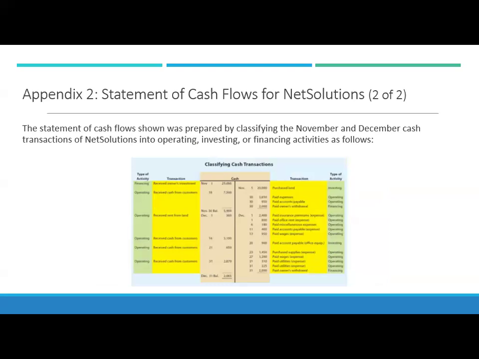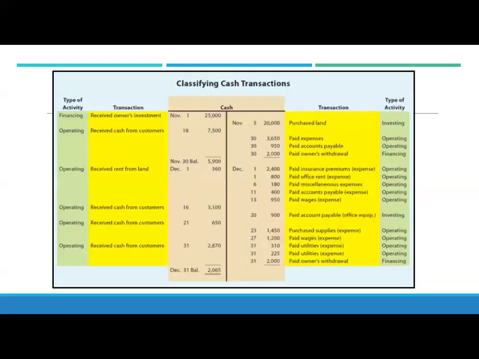And so we can take a look at the November and December cash transactions and put them into operating, investing, or financing activities as follows. And I have it in bigger text here for you all. So we just take a look at everything.